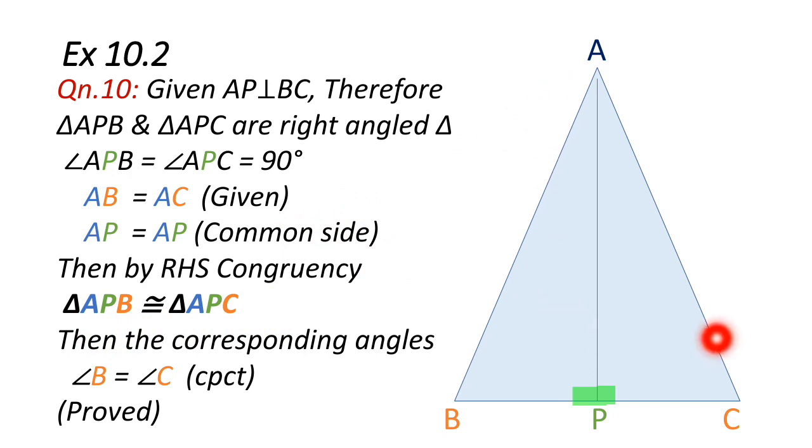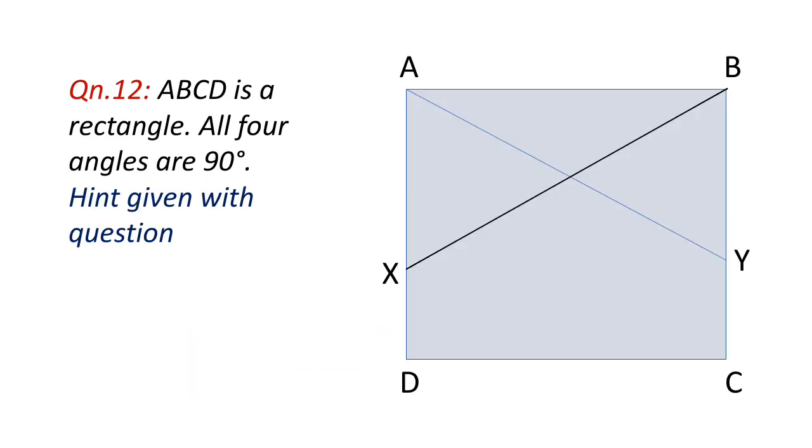So those two triangles are found congruent, and that's why their corresponding parts are also equal. So we are taking the corresponding angles equal, like angle B is equal to angle C. That means this angle B is equal to this angle C. So it is proved.